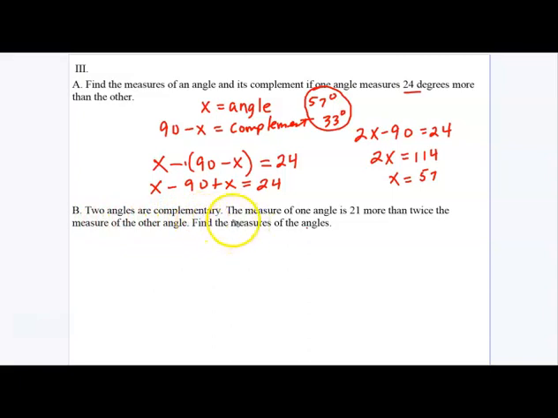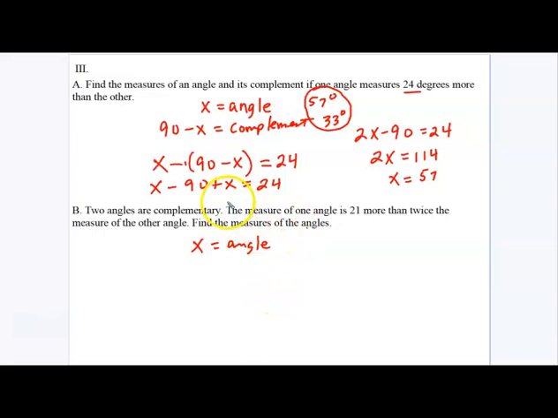This one's a little different because we're told that the measure of one angle is 21 more than twice the measure of the other angle. So I want you to pick a variable to represent an angle of this pair. So I'm going to let X equal an angle.